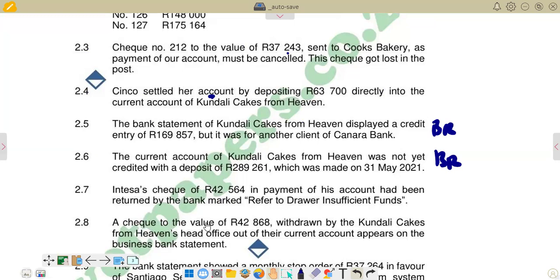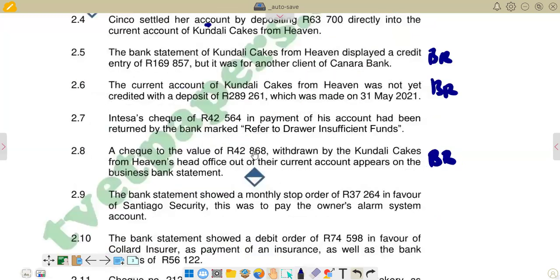So what it means is this transaction was not supposed to be on the bank statement of Kundali cakes from Heaven. So it needs to be cancelled on the bank statement. It's an error that is affecting the bank statement. So we are not going to adjust it in the journals. So basically, what we are saying, this again is going to affect the bank reconciliation. You can leave it according to this video. So we can go again to see on the next one.